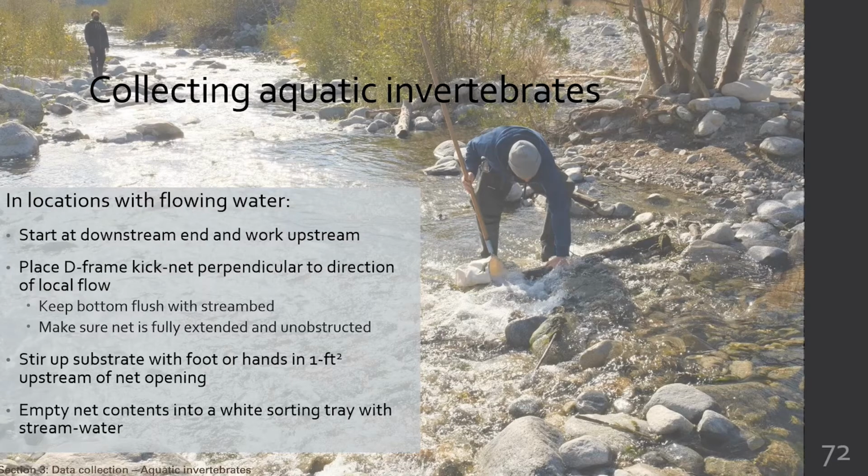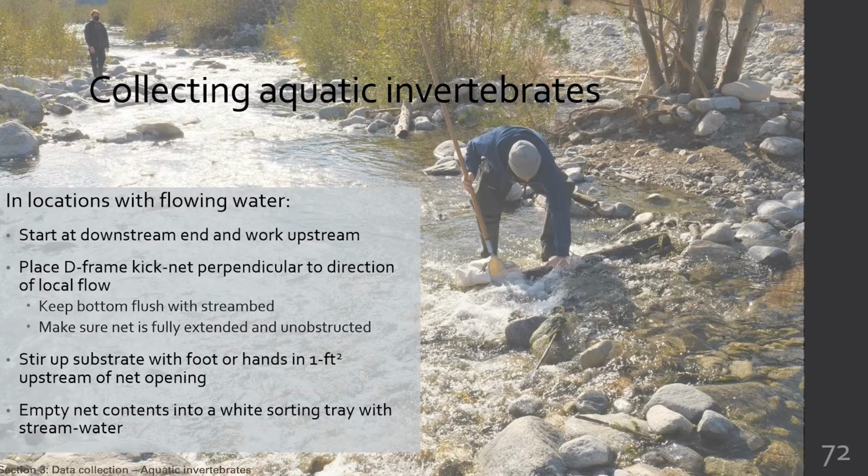In locations with fast flowing water, like your riffles and runs, you definitely want to start downstream and work your way upstream. A D-frame net with canvas sides is generally the most effective way to collect these organisms. You put the D-frame net in the water perpendicular to the direction of flow. You want to make sure the bottom is flush with the stream bed, the net is fully extended, and there's no obstruction disturbing the flow.